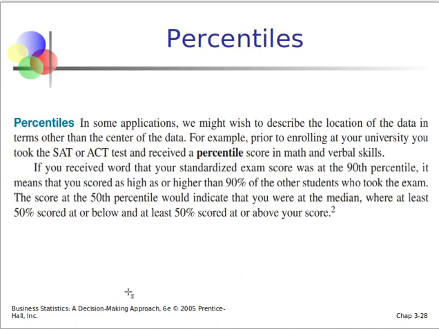The score at the 50th percentile would indicate that you were at the median, in the middle, where at least 50% scored at or below you, and at least 50% scored at or above your score.